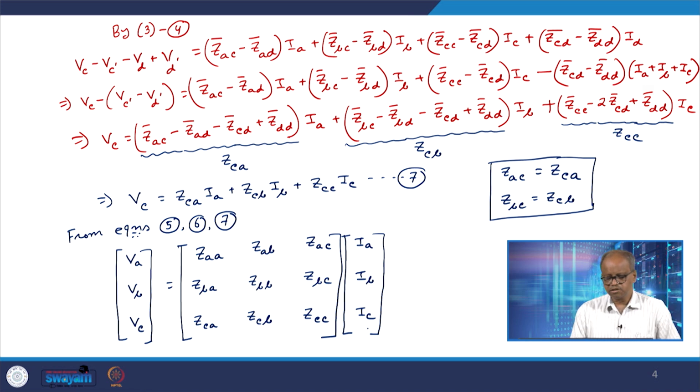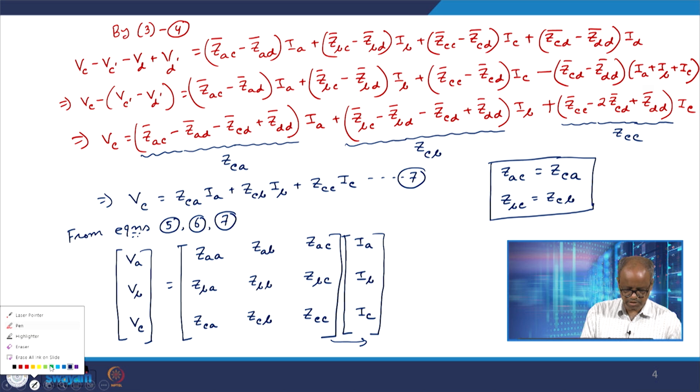Now, because ZAB is equal to ZBA, ZAC is equal to ZCA and ZBC is equal to ZCB, that means this is a clear cut symmetric matrix.